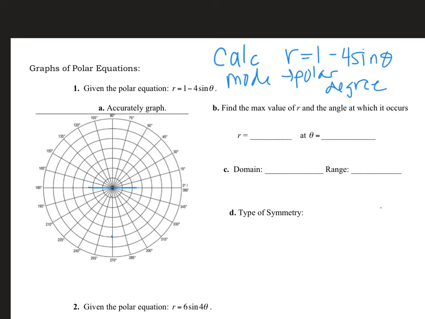Plot something there. You can even hit trace with your graph and go around it. If I hit trace and use the arrow buttons left and right, it stops me at theta equals 45. It's nice to have some nicer numbers. At 90, we're at negative 3.